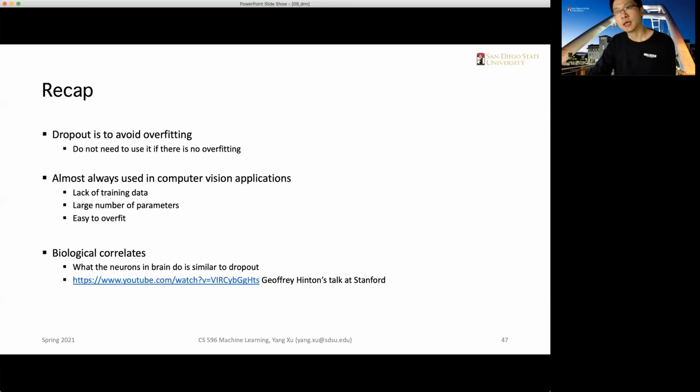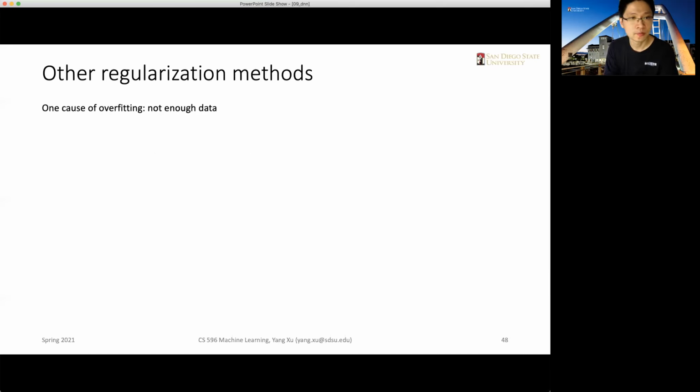So together with L2 and dropout, we have covered the most common techniques for regularization in deep neural networks. And actually there are some other methods, and particularly we focus on data augmentation.